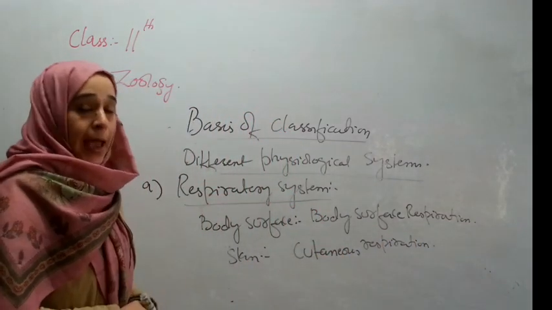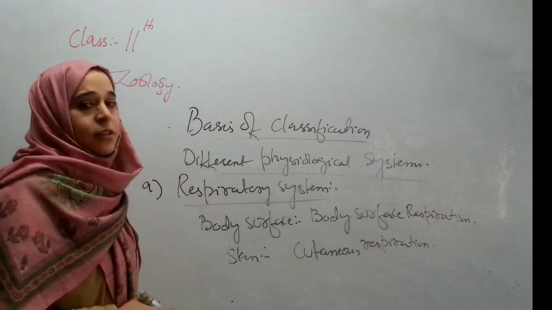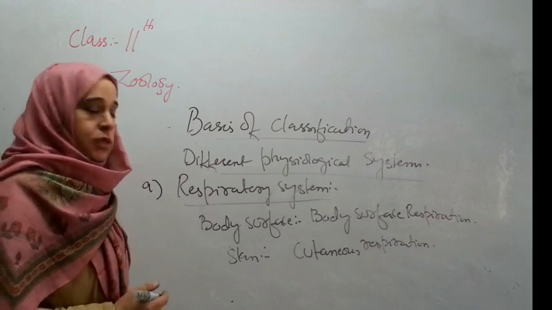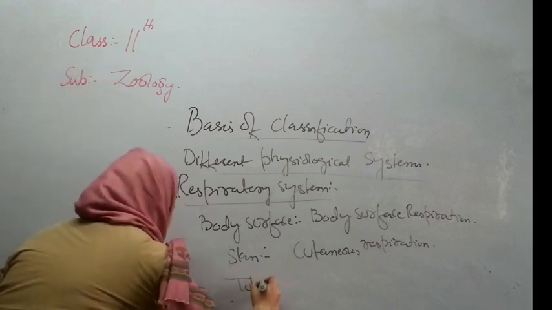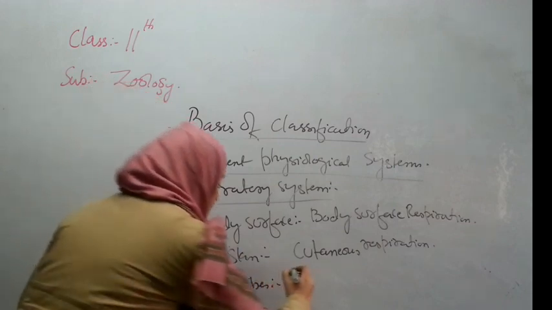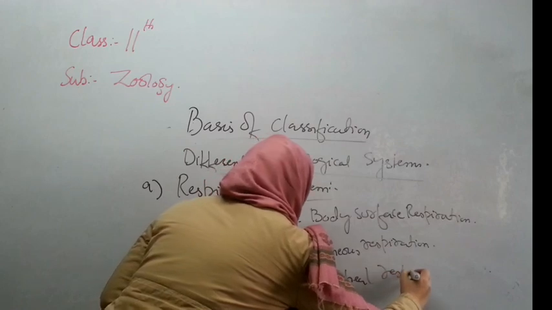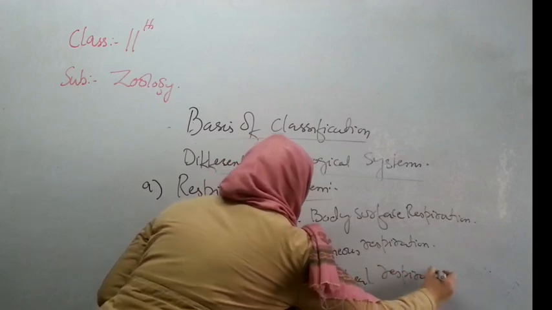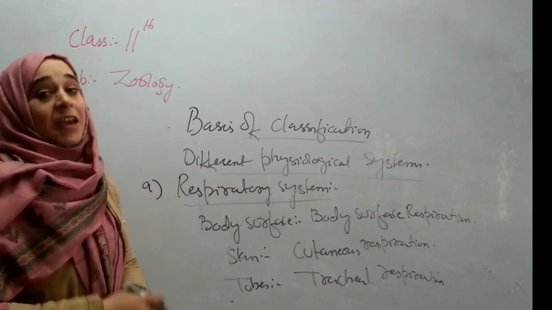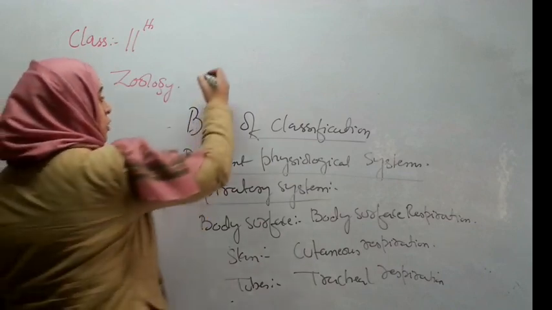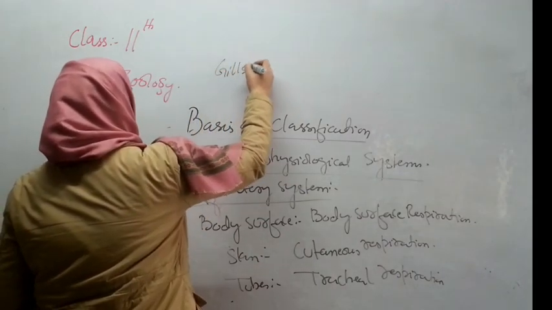Students, there are certain animals which respire through a specific type of tubes, and that is known as tracheal respiration. There are certain animals which respire through gills, and that is known as branchial respiration.